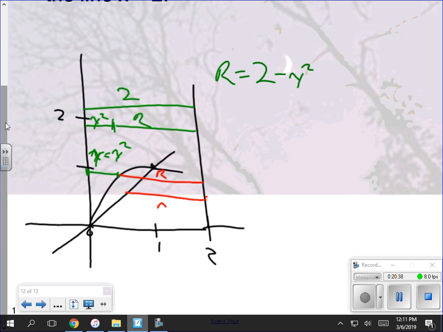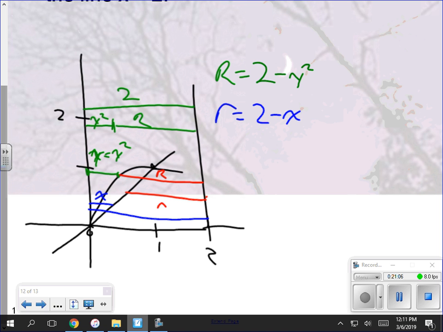Little r does the same thing. 2 units and then back the equation. So 2 units over, this equation is y equals x. So that's x. So little r is 2 minus x.